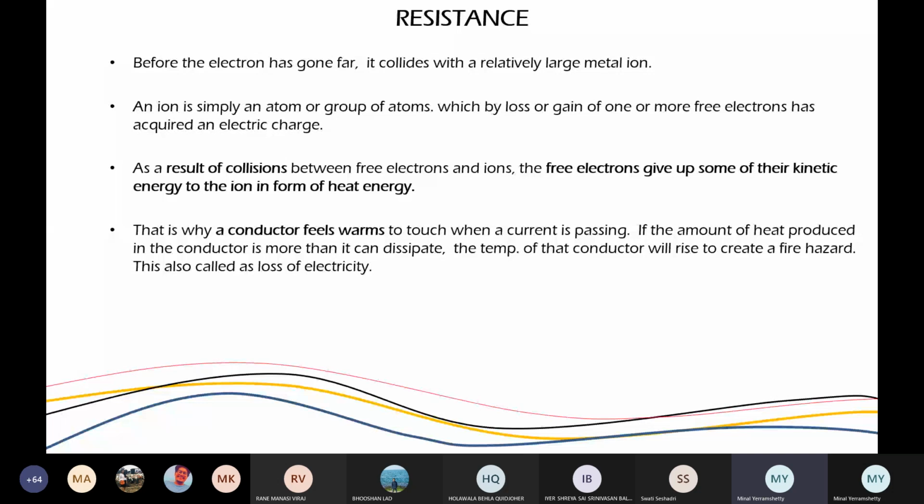This is where you will come in, because you, as an architect, will see to it that the clients and the people residing in the building you have done will be safe from these kinds of hazards. The temperature of that conductor will rise to create a fire hazard.